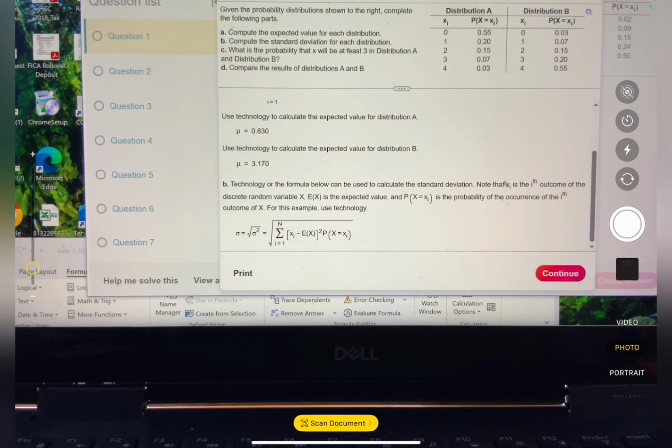Once I subtract, I'm going to square every single difference, and then multiply by probability. Once I am done for every one of them, I will add them up, summarize, and take the square root.